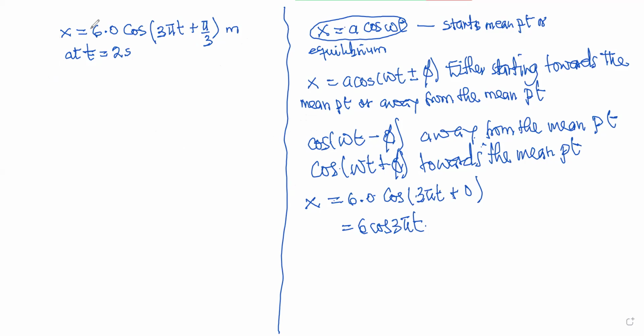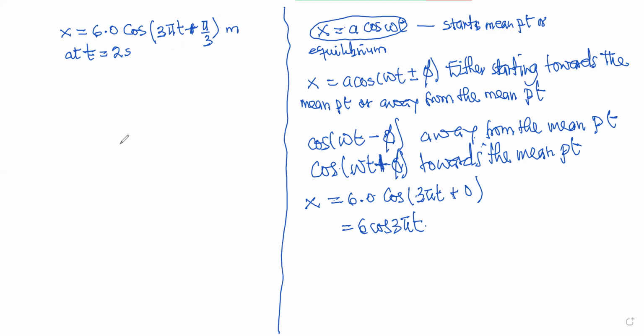So we are given this equation, and once it's plus pi over 3, which is also an angle of 60 degrees, it means that the wave is moving towards the mean point, because the operator separating them is plus.